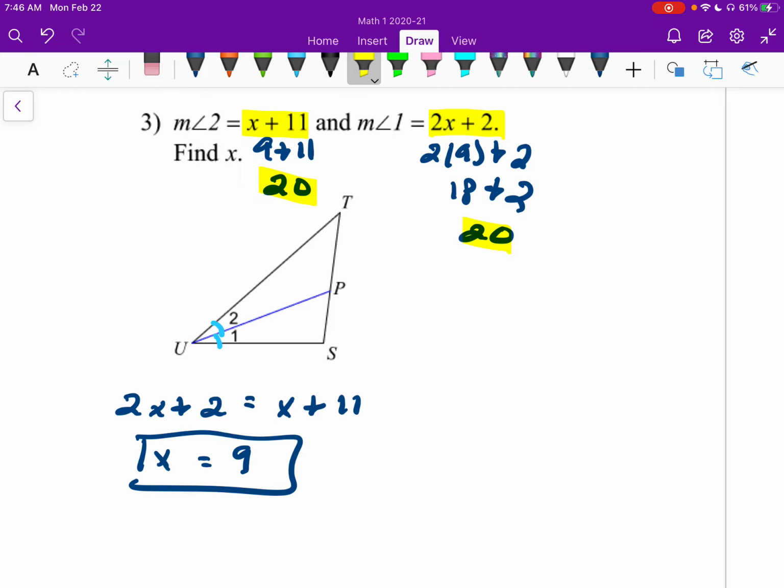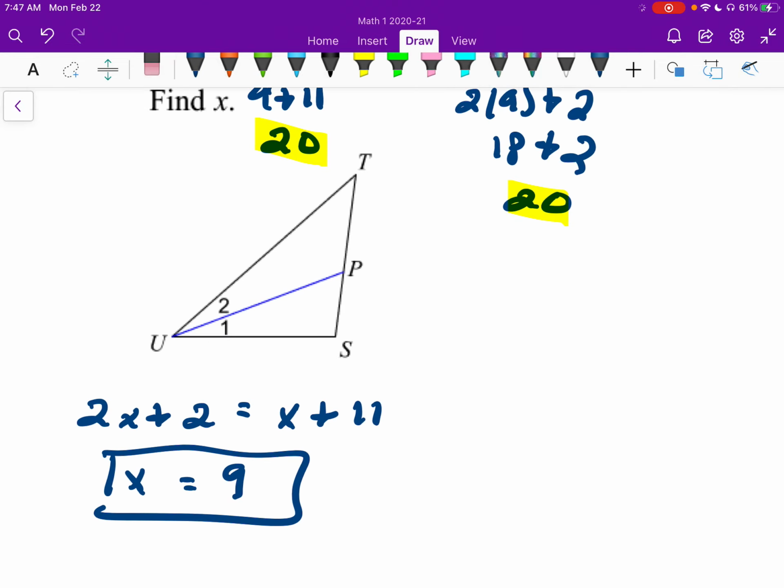We could also say some neat things about this. The big angle, angle U here, that angle would be 40 degrees, right? Each of the small ones is 20 degrees. The big angle is 40 degrees, right? Something else that's kind of neat to think about is the fact that your angle bisector here, let me erase all this, the bisector actually kind of creates 2 new triangles.